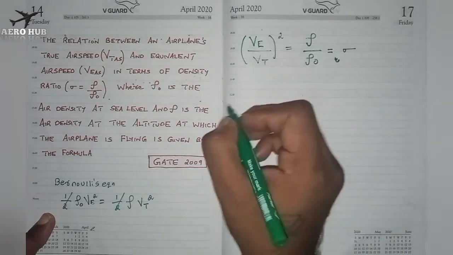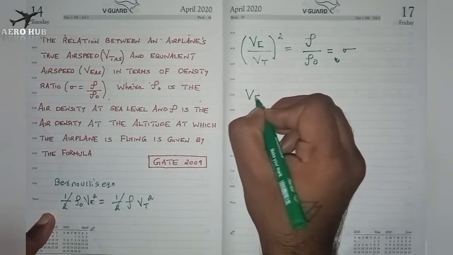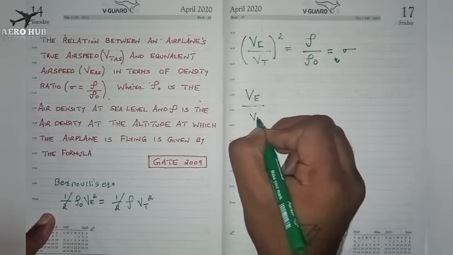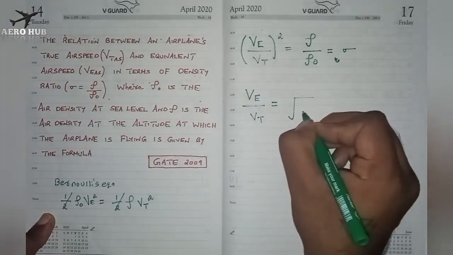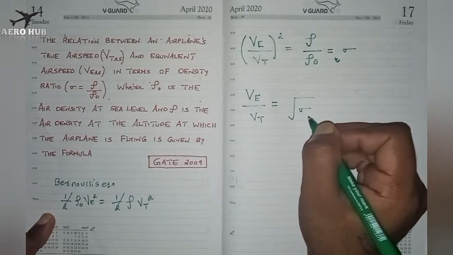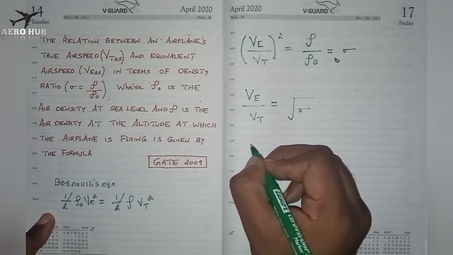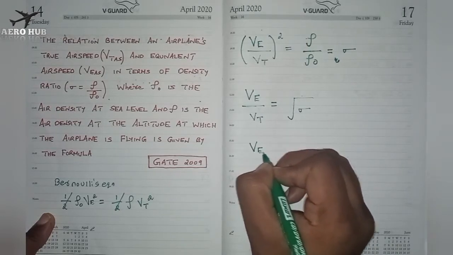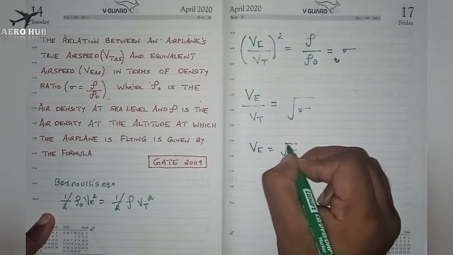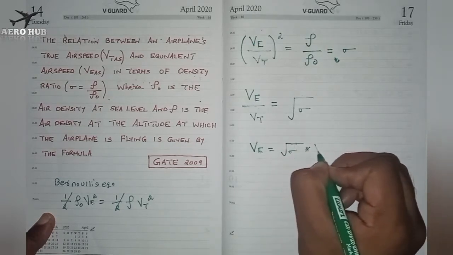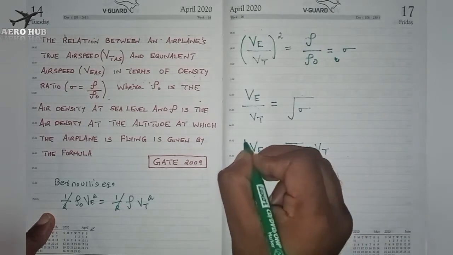So I can write VE by Vt is equal to root of sigma. Finally, equivalent speed is equal to root of sigma into V true airspeed.